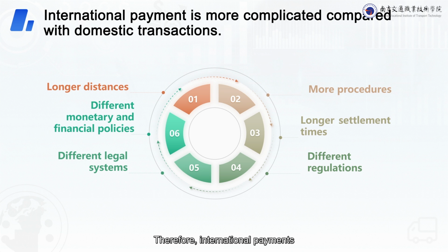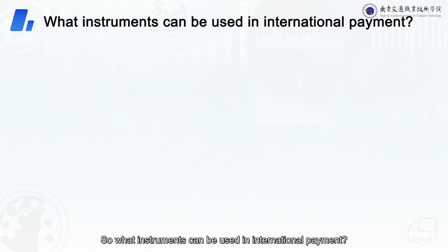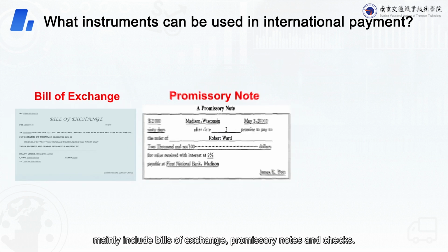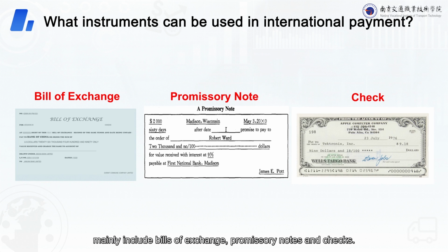Therefore, international payments are very risky and must be handled with special care. So, what instruments can be used in international payment? The instruments used in international trade settlement mainly include bills of exchange, promissory notes, and checks.